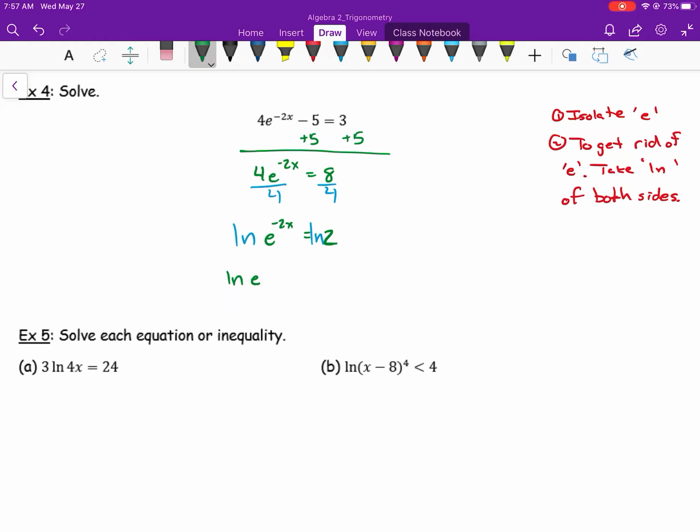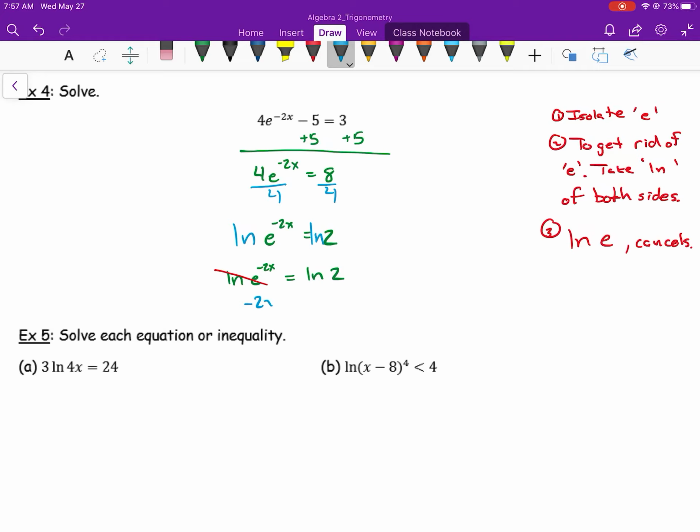So I'm going to get the natural log of e to the negative 2x equals the natural log of 2. The natural log and e cancel. So now we're just left with the exponent.